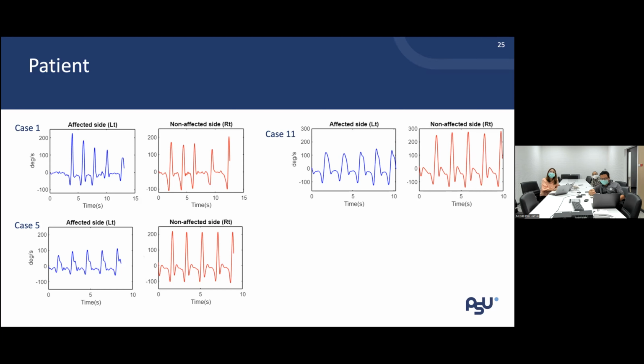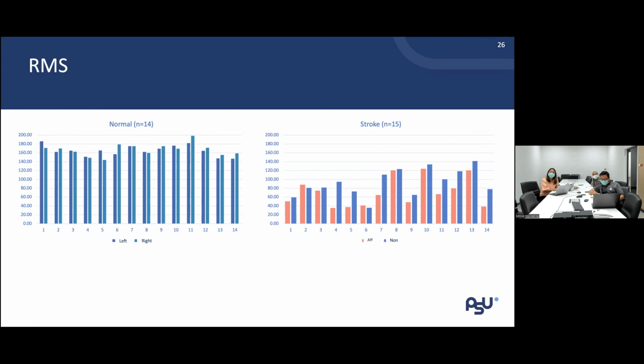So right now I got the RMS of overall everyone, as you can see. This is the comparison between left and right side of the normal person, and this is from the affected and non-affected side of the stroke patient.